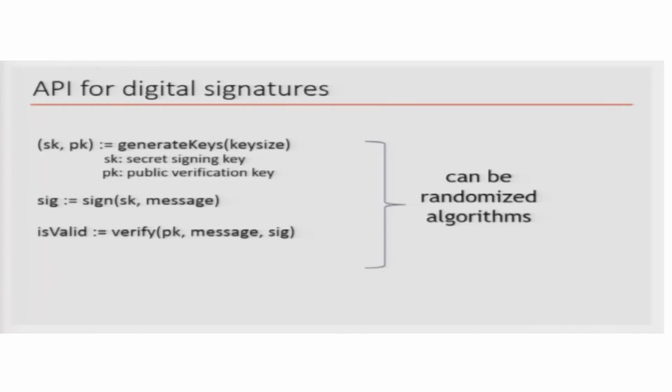So, how do the digital signatures work? First, you have to have a function for generating keys. So, you say that I want a 256 bit key. So, then you call the corresponding function generate keys. It will give you a key pair, that is the secret key or private key and the public key or PK.